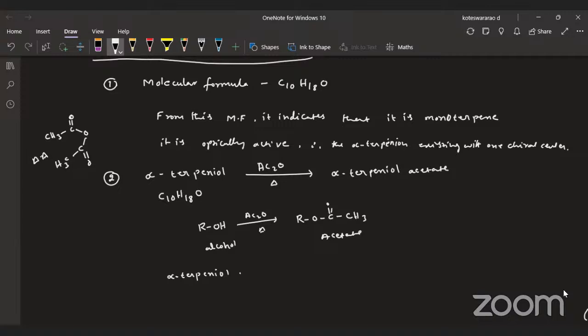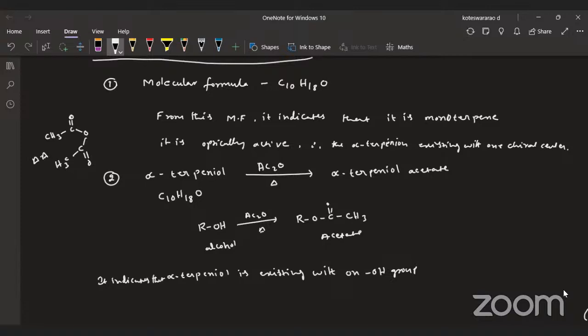Simply, it indicates that alpha terpinol is existing with one OH group. Then what type of OH group is this?